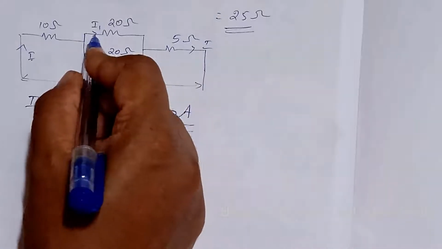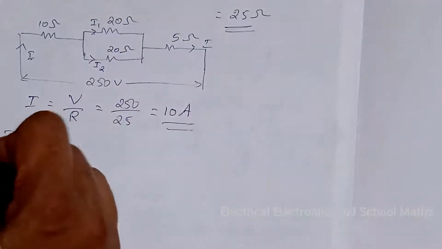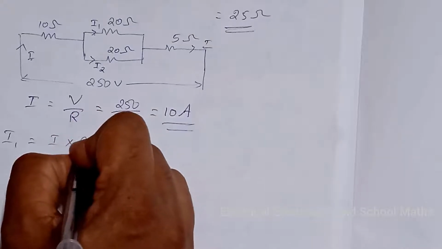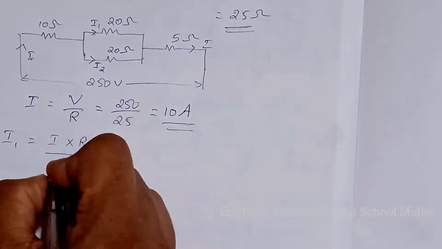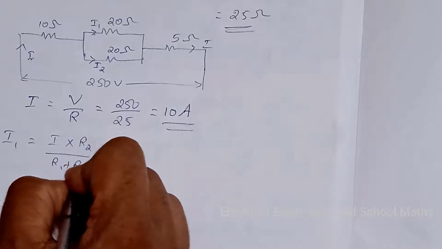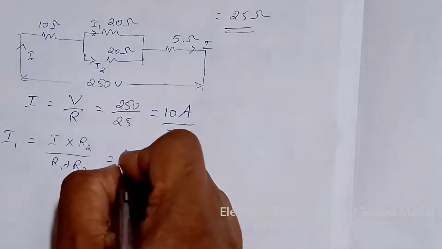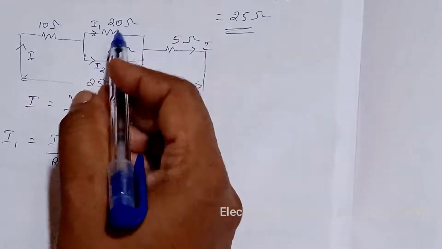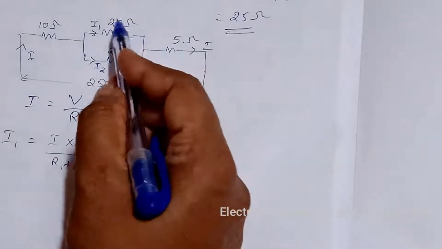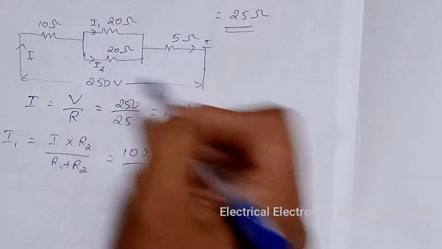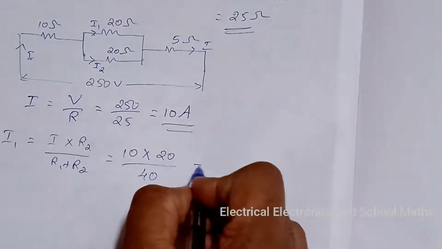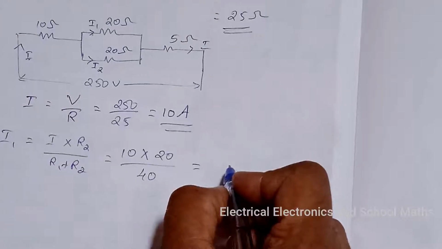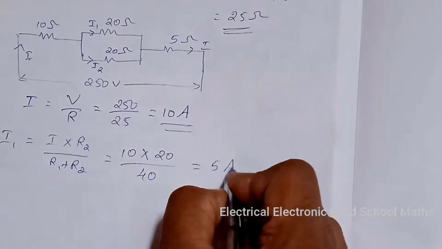Next we have to find I1 and I2. I1 is equal to total current I into the resistance of the other branch R2 divided by R1 plus R2, that is total current 10 into 20 divided by the total resistance of the parallel circuit, that is 40, equal to 5 ampere.